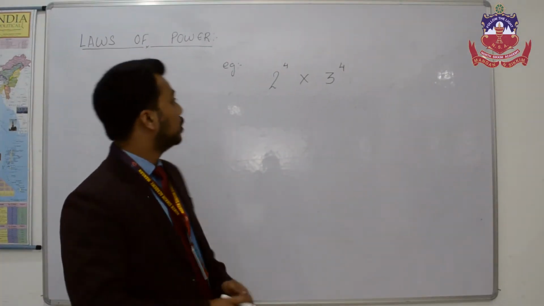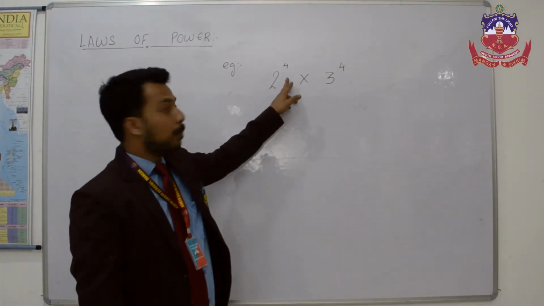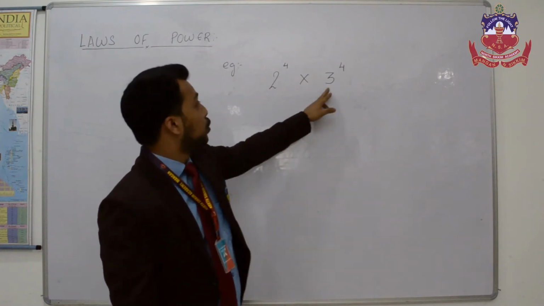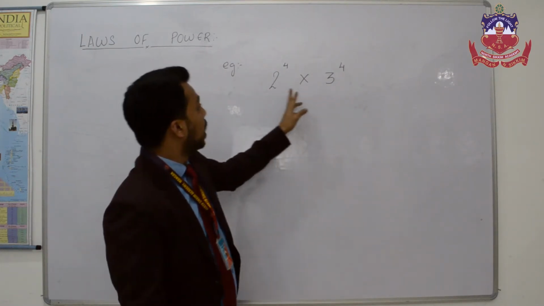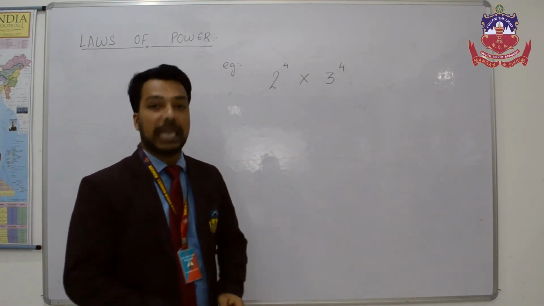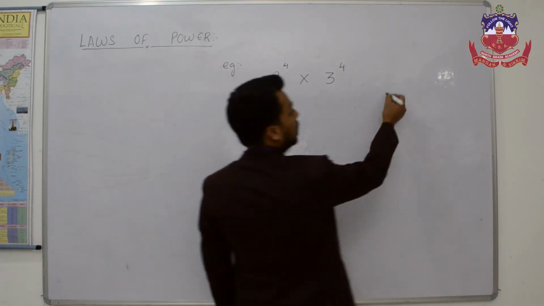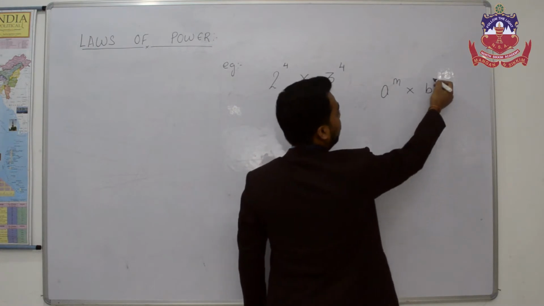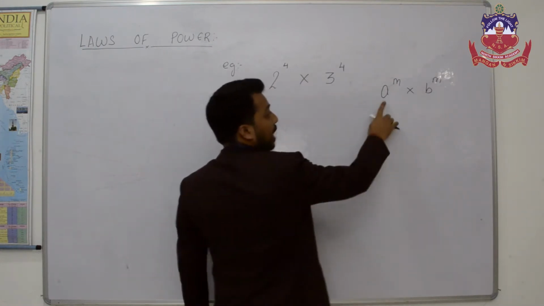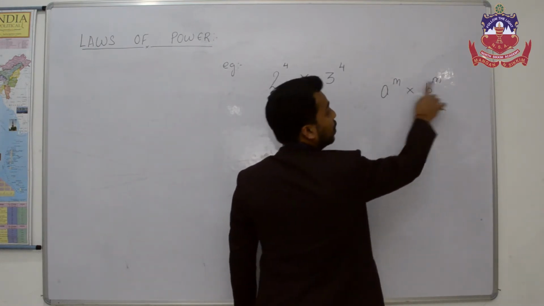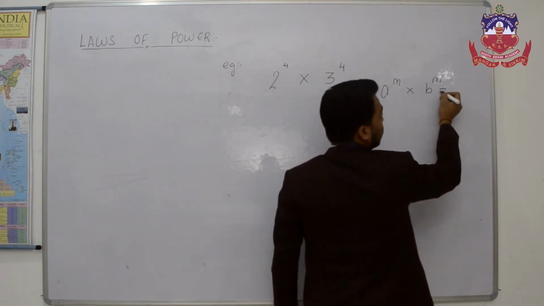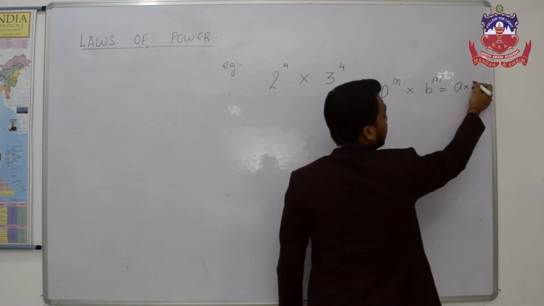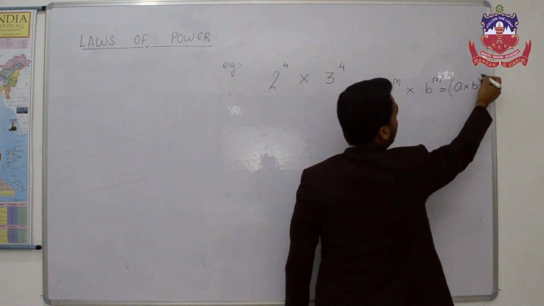The second example is 2 to the power 4 into 3 to the power 4. So we are going to solve this by using the second law. The second law is a to the power m into b to the power m, where you have two different bases but the power is the same. So what you do is you multiply the bases and take the power as common.